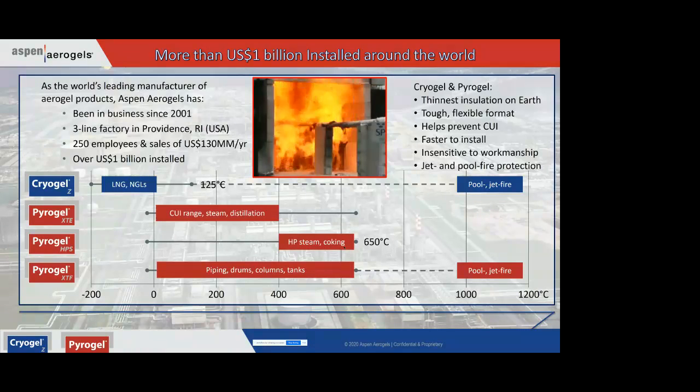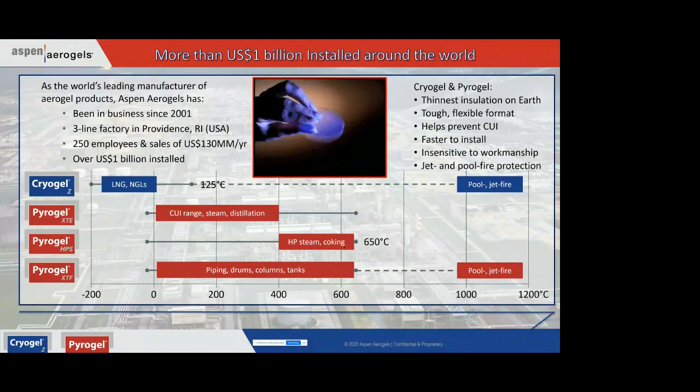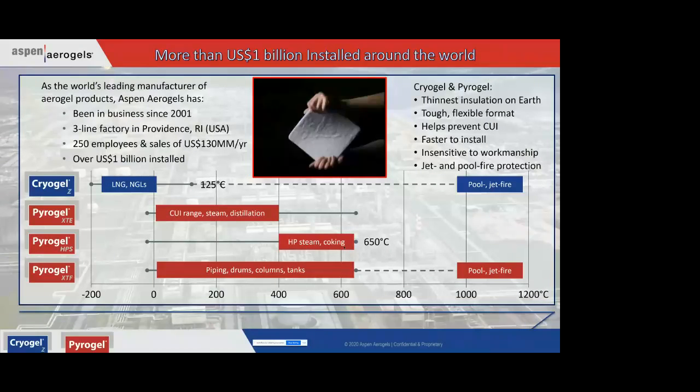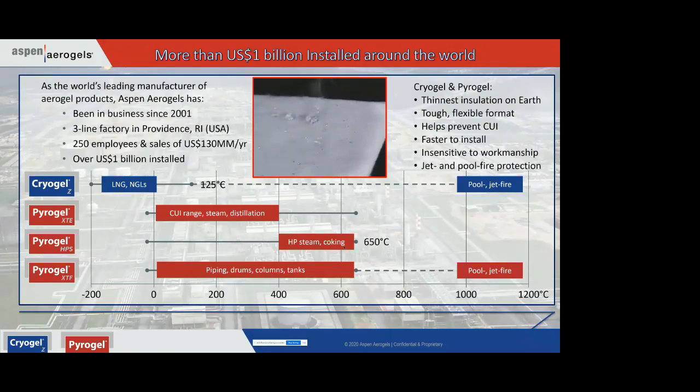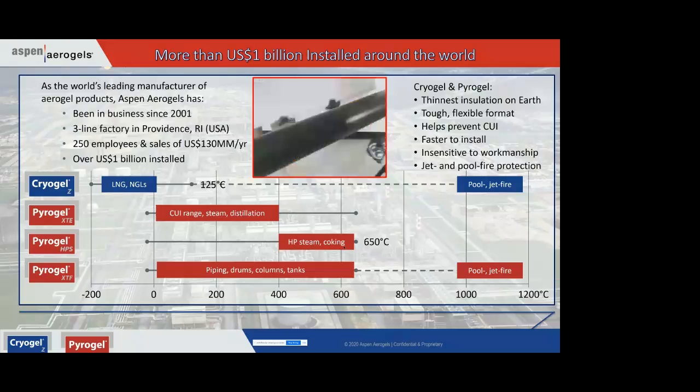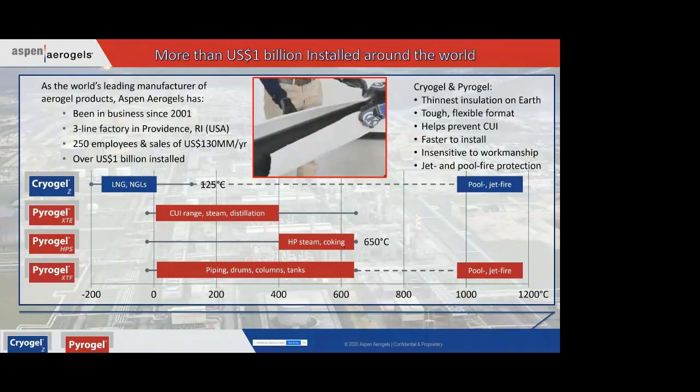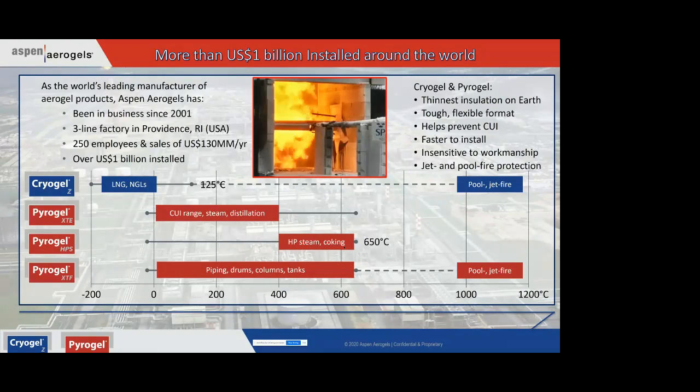Now, the key difference between our insulation product and traditional insulation products is really that technology, aerogel. Aerogel is 98% air and 2% silica. So, it's the lowest density solid known to man, and it has the best thermal properties of any solid known to man, as well as acoustic properties.